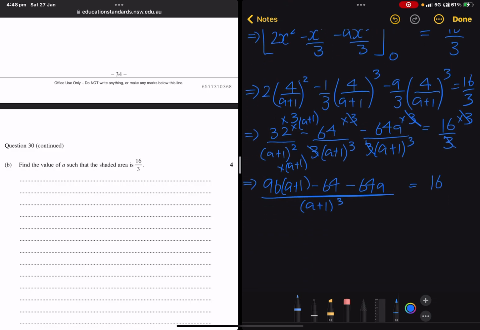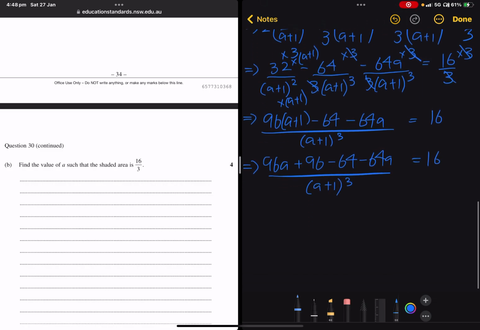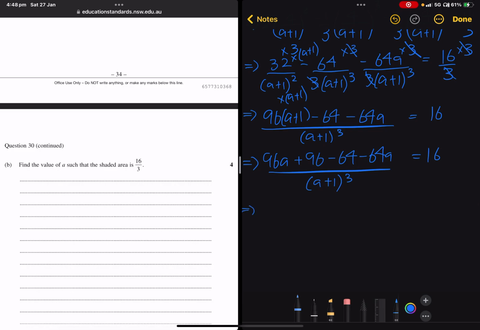So in this numerator, if we expand this, we have 96a plus 96 minus 64 minus 64a over a plus 1 cubed is equal to 16. 96a minus 64a is 32a. 96 minus 64 is 32.